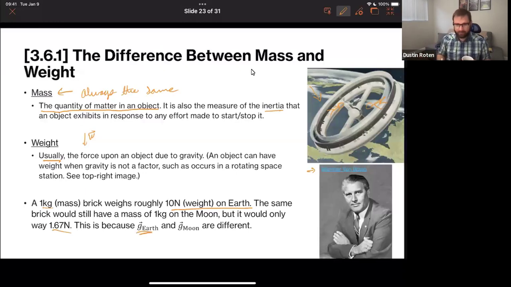That's because the gravity on Earth and the gravity on the moon are very different. To sum this up, your mass will always be constant anywhere in the universe, but your weight depends on where you're at. Your weight could be whatever. It's totally dependent on the planet you're on or the ring spaceship that you're flying in.